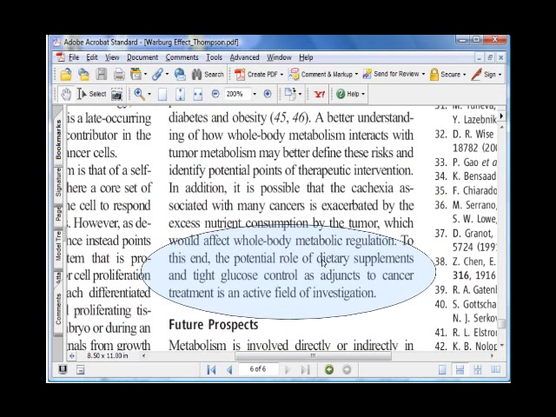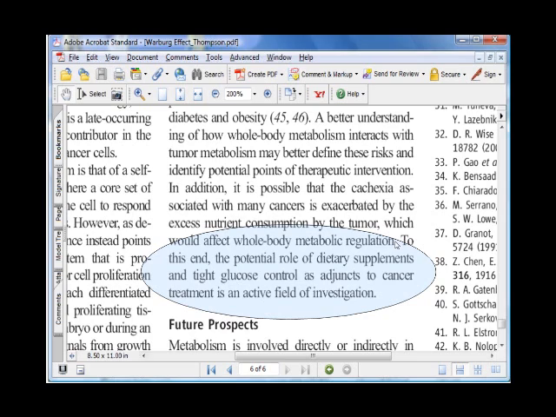Here's the research paper we mentioned, by three professors from Harvard Medical School and UPenn. It says, to this end, the potential role of dietary supplements and tight glucose control as adjuncts to cancer treatment is an active field of investigation.